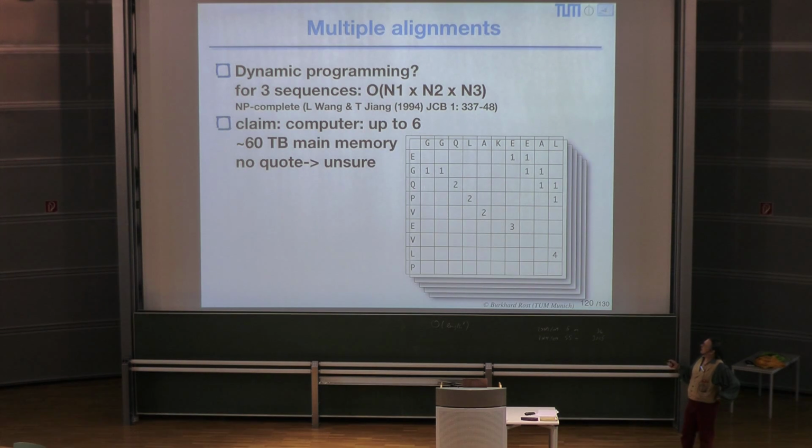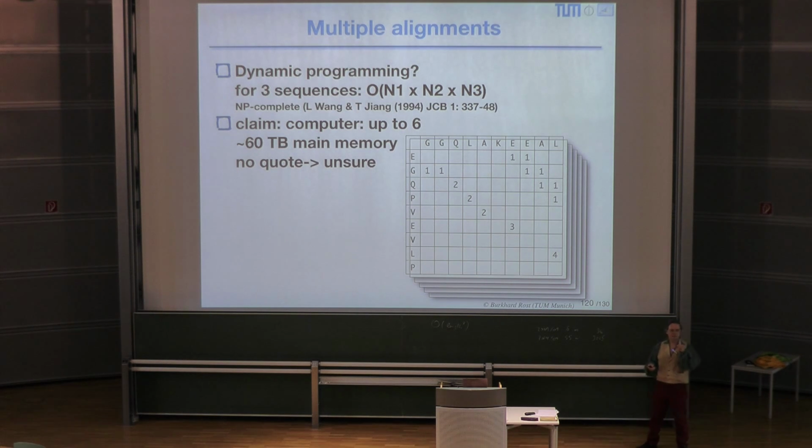There is a sort of a claim that there is a computer hack solution for dimensions up to 6. And this, for a short protein, takes 60 terabytes. I just heard that in a seminar. Do you know what the quote was? No. I have to look up the quote and didn't have the time.